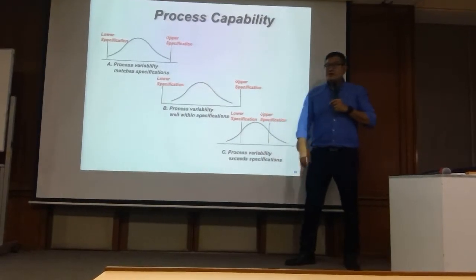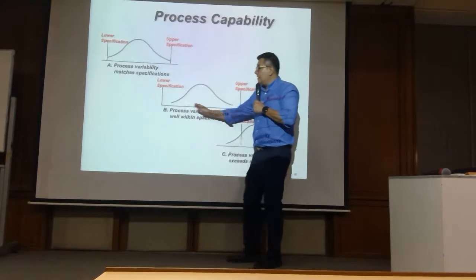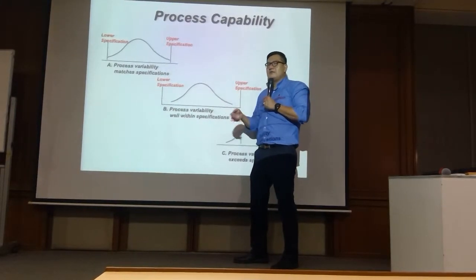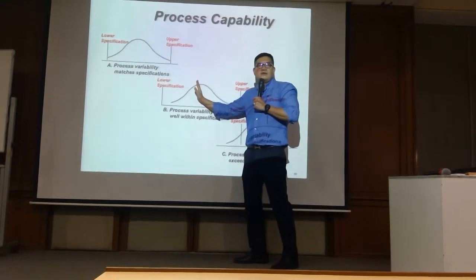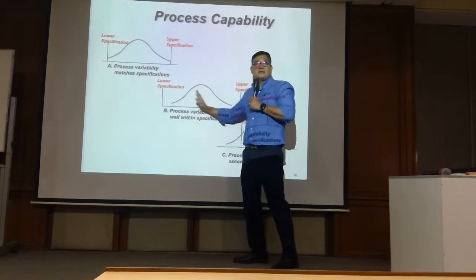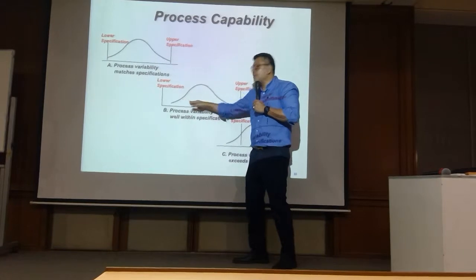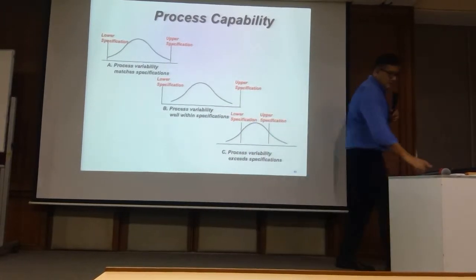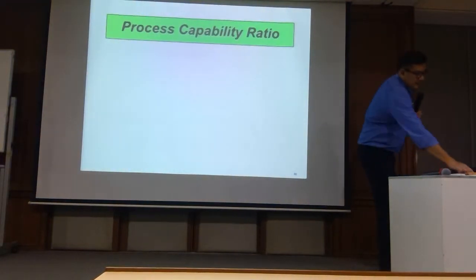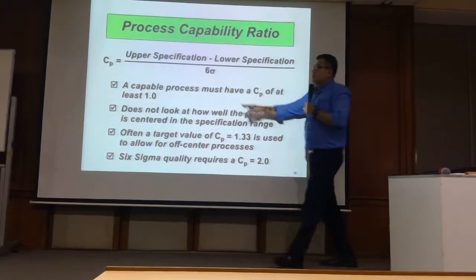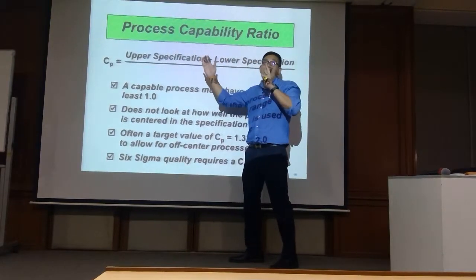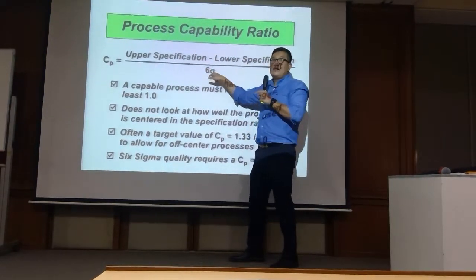So how can we estimate the width of the distribution? Generally we use 3 standard deviations from the center to both sides, so about 6 standard deviations. So they developed the process capability ratio: upper spec minus lower spec, which is the width of the spec, divided by 6 standard deviations.